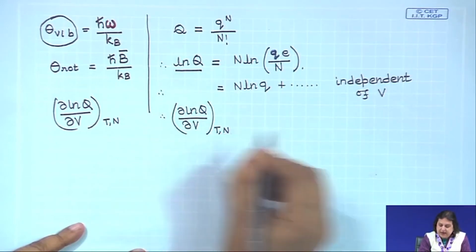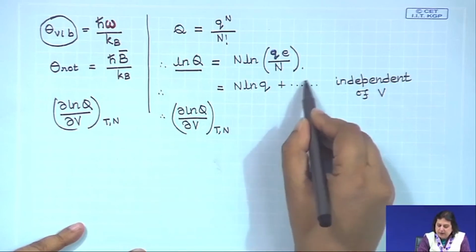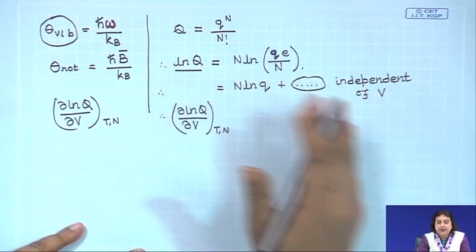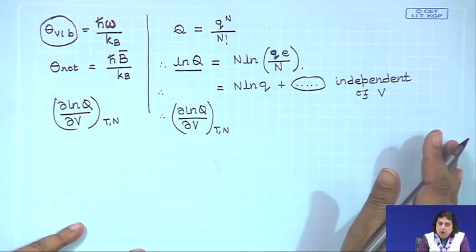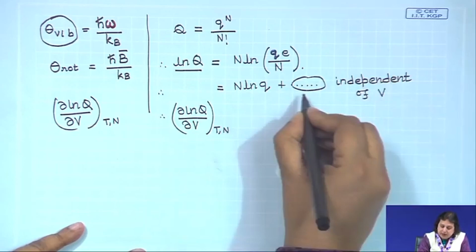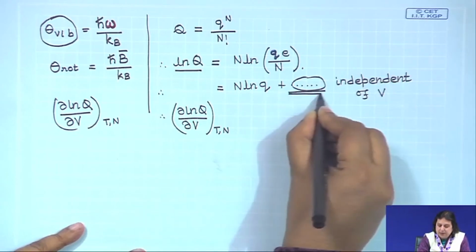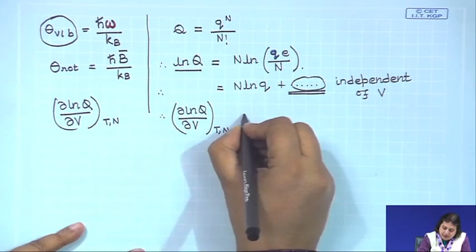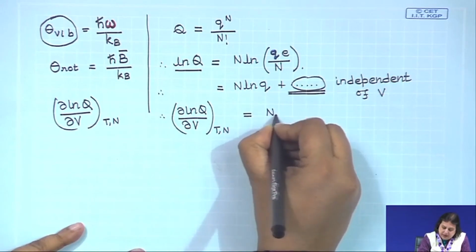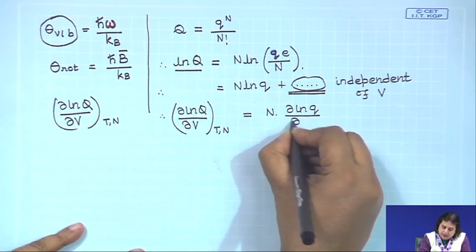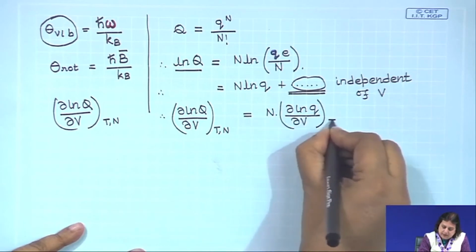Once I have fixed T and N, whatever terms appear here are independent of V and they do not affect the way I take a derivative here, because for my mathematical purpose these are constants. Therefore, I can write this as capital N del ln small q del V at T and N.